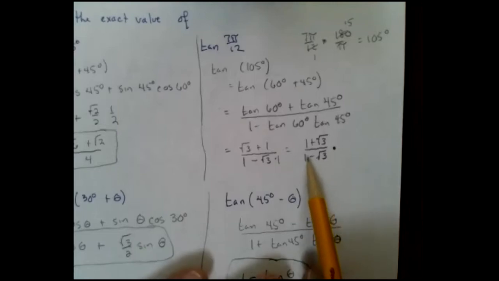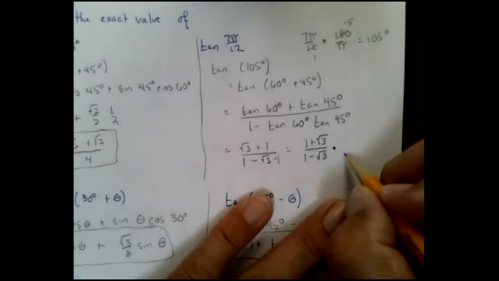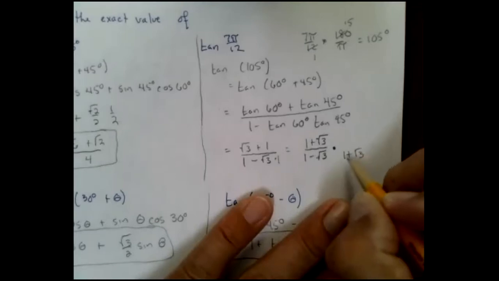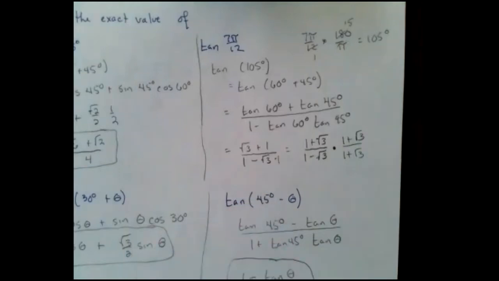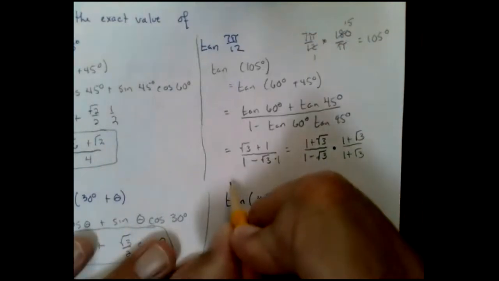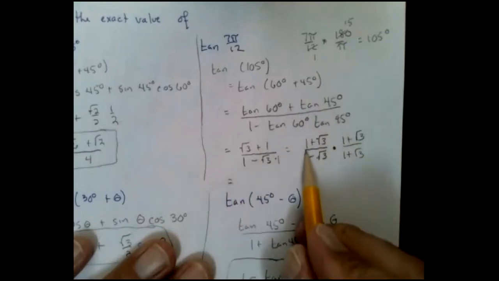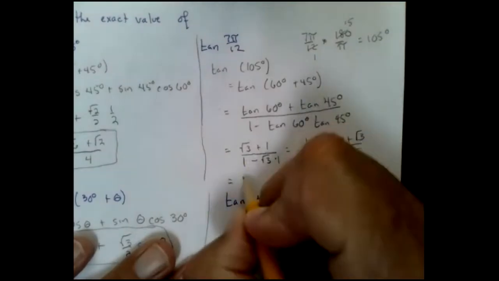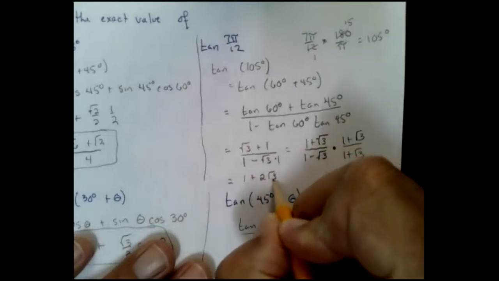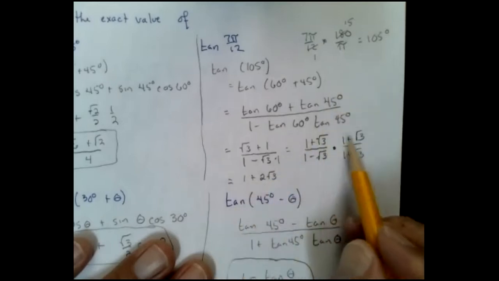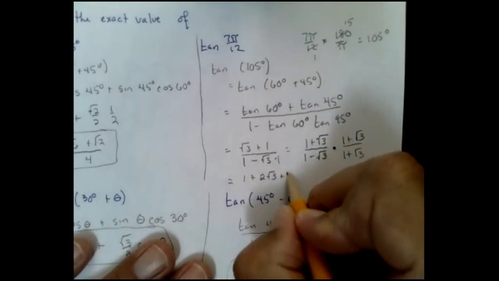I'm going to multiply top and bottom by the conjugate of this, which is 1 plus the square root of 3. I don't have a lot of room here, so I better be good. I get in the numerator a 1, a square root of 3 and a square root of 3. 1 banana and 1 banana is 2 bananas. Square root of 3 times the square root of 3 is just 3.